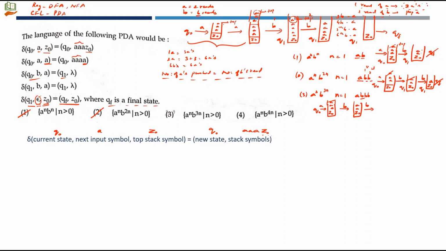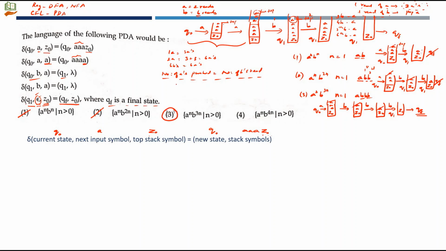For the second B, we are popping out the second A. 1 more A is present. For the third B, we are popping out the third A and only Z0 is present. Now the state is Q1. When the state is Q1, when there are no more inputs along with Z0, we are entering the final state, which means option 3 will be the language of the given pushdown automata.